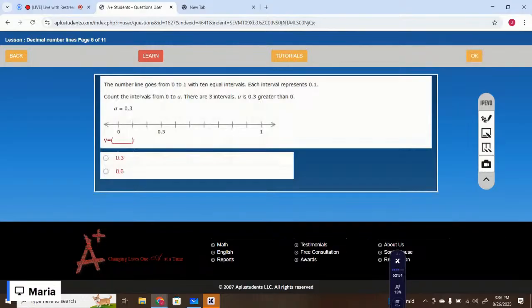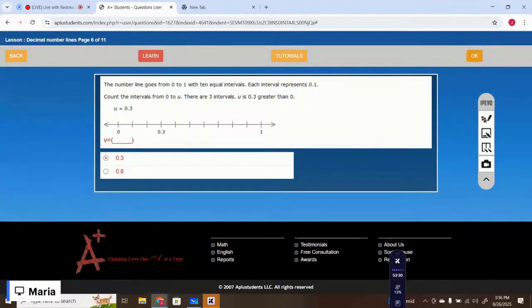The number line goes from 0 to 1. Yes, v equals 0.3.